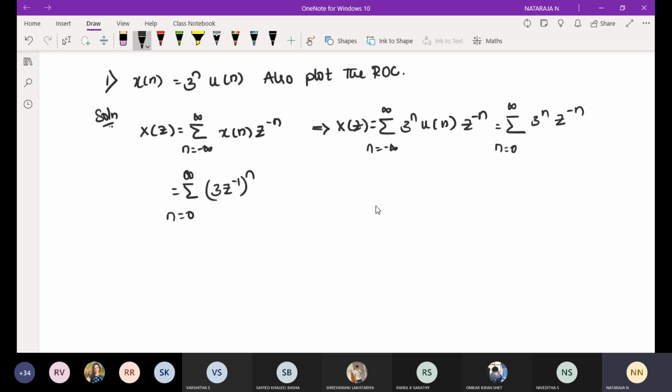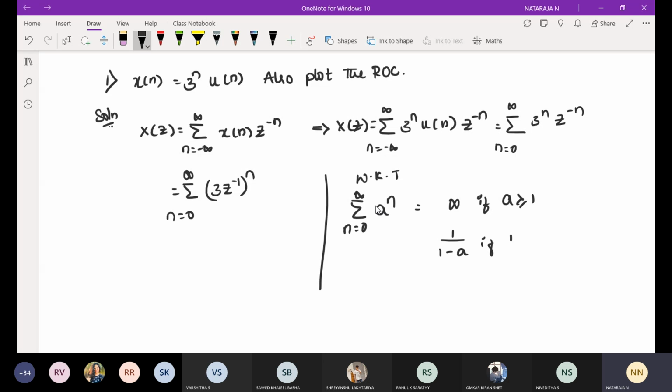Next, we know that the summation n is equal to 0 to infinity of a to the power of n is infinity if magnitude of a is greater than or equal to 1, or else it equals 1 by 1 minus a if magnitude of a is less than 1.